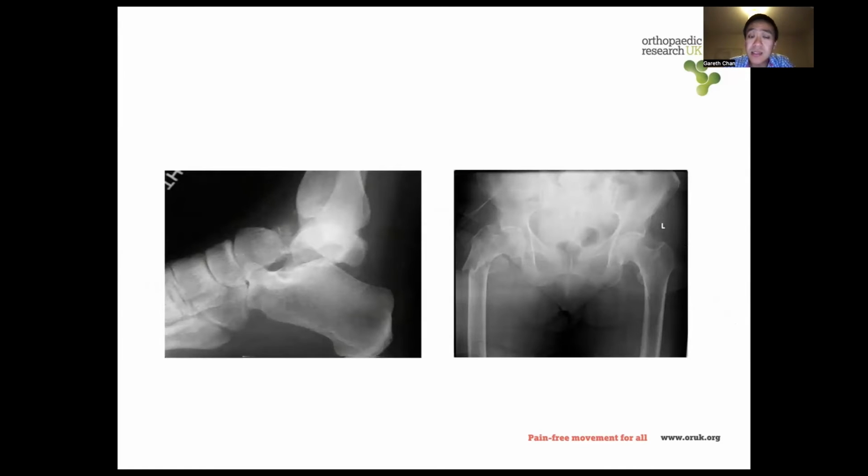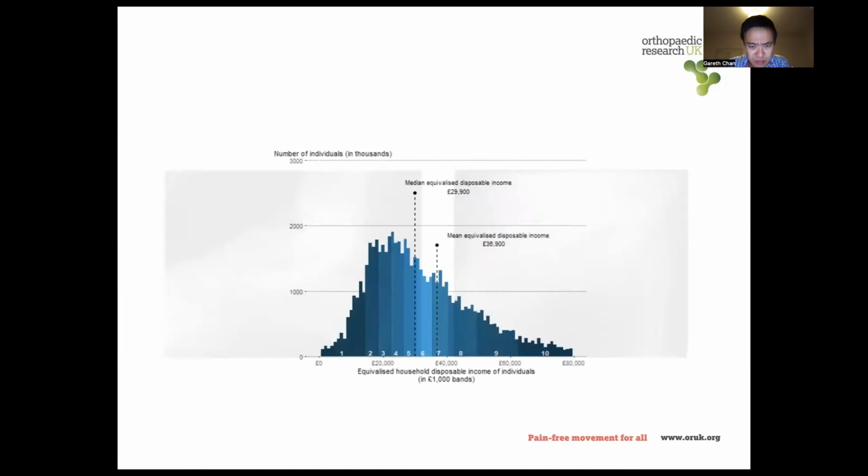In that case, you might want to consider using a median over a mean. Whereas hip fracture is a really common injury, especially in the older patient, so you have a bigger distribution of data, potentially centered around a normal distribution. So a mean may be more appropriate in that instance.